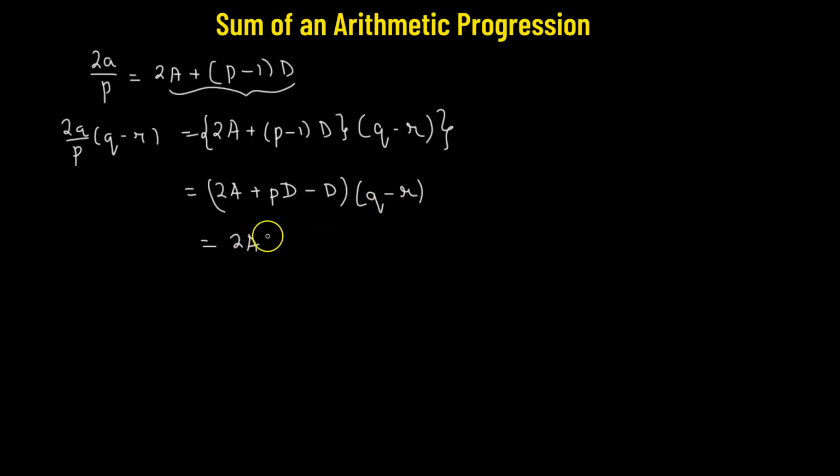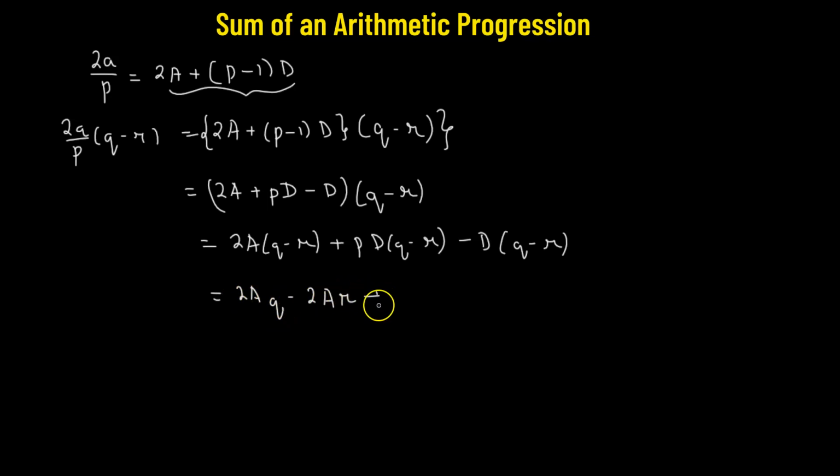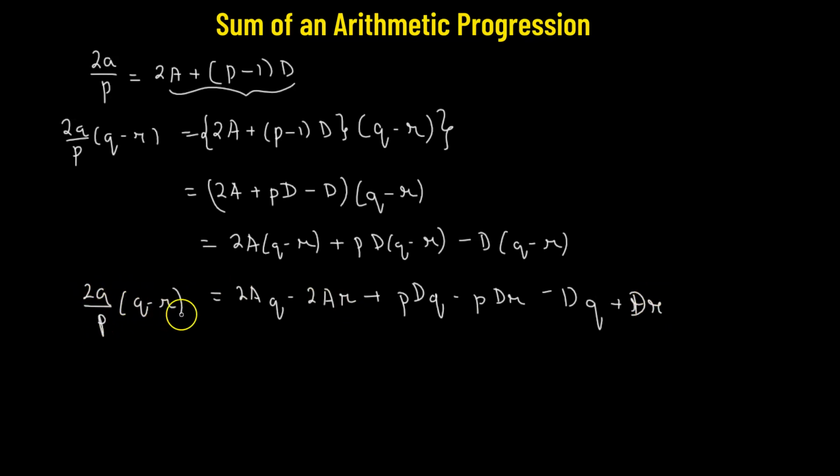So we have 2A multiplied by q minus r plus pD multiplied by q minus r minus D multiplied by q minus r, which is going to give us 2Aq minus 2Ar plus pDq minus pDr minus Dq plus Dr. So this is going to be the expression for 2a over p multiplied by q minus r. Let's label this as equation number 1.